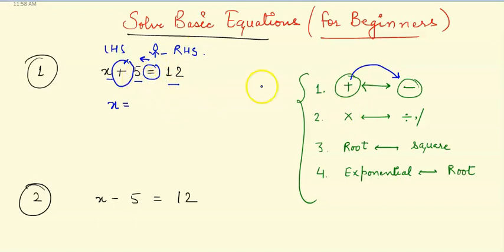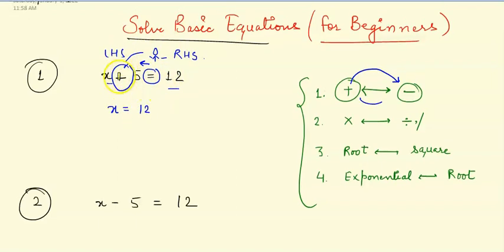So when the positive or negative sign goes to the other side, we choose the symbol that is related to it, right? So x equals 12 as it is, and when the positive 5 on the left hand side is taken to the right side of the equal to sign, it changes its sign to negative 5, right?